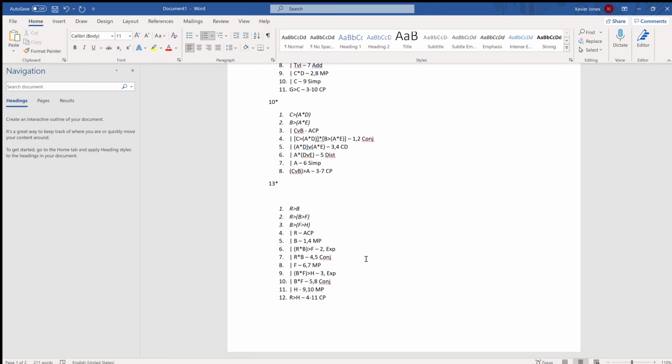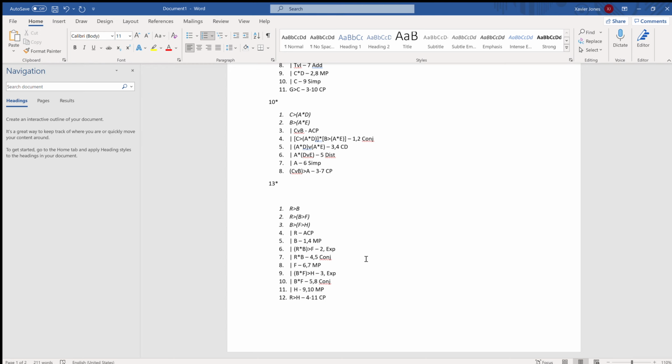Right? Presumably. Let me double check and see. This is number 13. Oh, they did it in a lot fewer steps. Oh, they did it in a very interesting way.